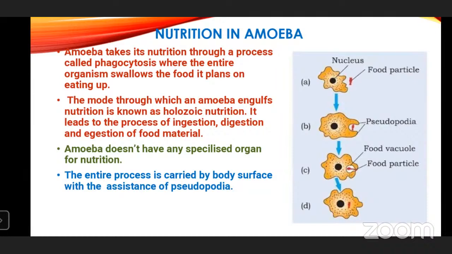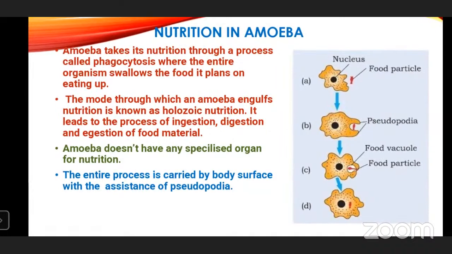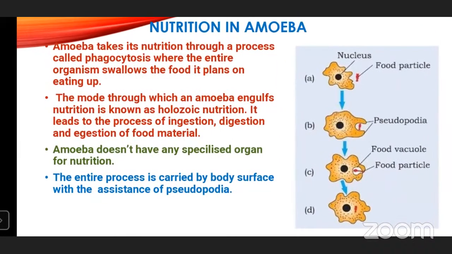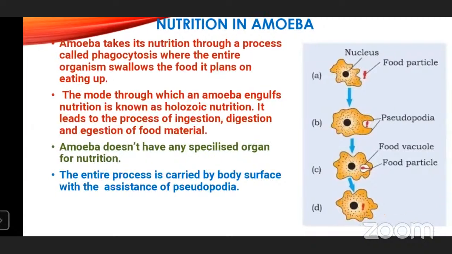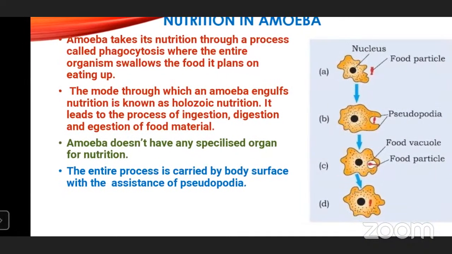So this is about nutrition in amoeba, and there are no particular parts, only pseudopodia. Amoeba does not have any specialized organ for nutrition, and the entire process is carried out by the body surface with the assistance of pseudopodia.